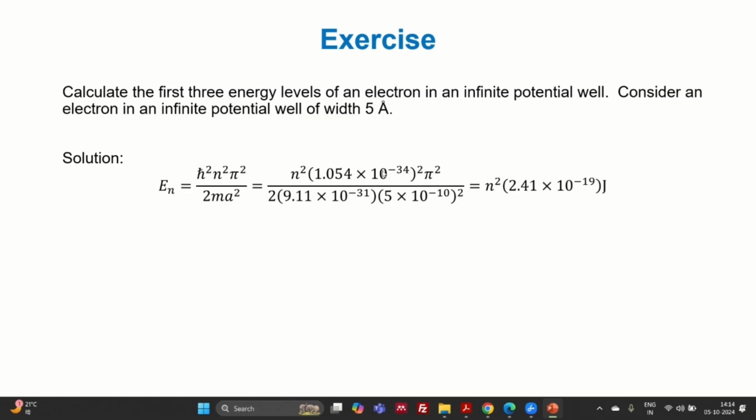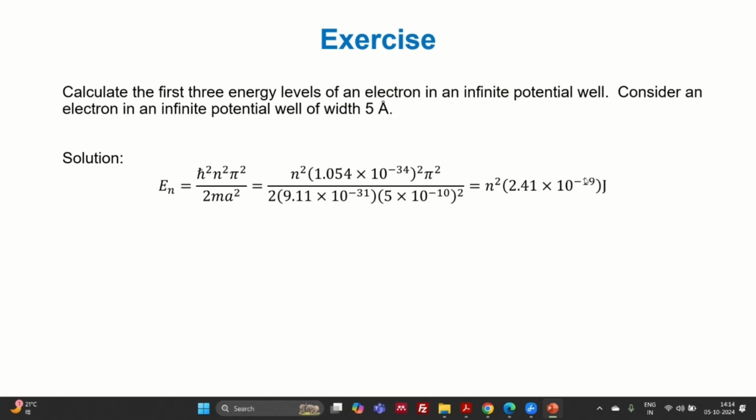If you plug in all of these quantities, you get n square times this, in terms of joules. In joules, you get an order of 10 to the power minus 19. But usually we don't talk about joules because for quantum systems, the joule is a very, very big unit of energy.